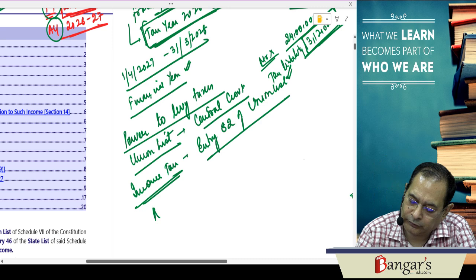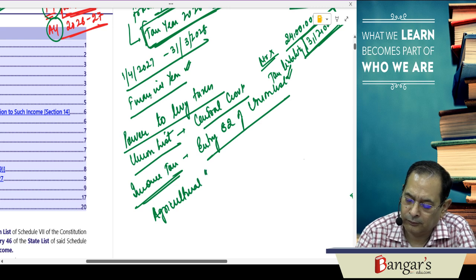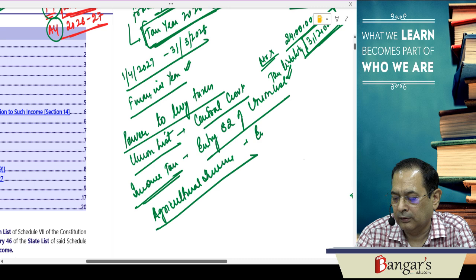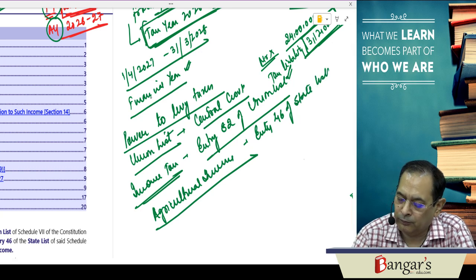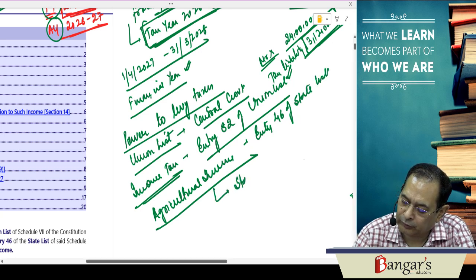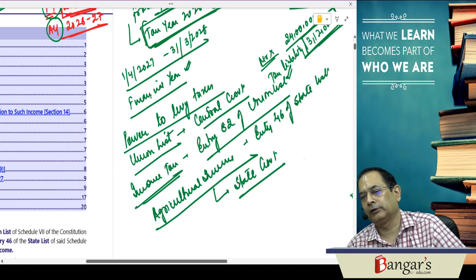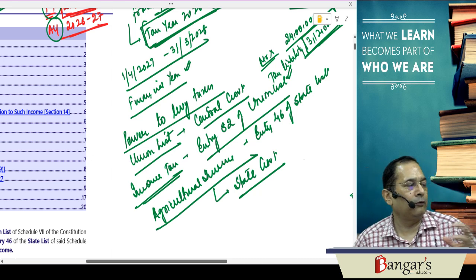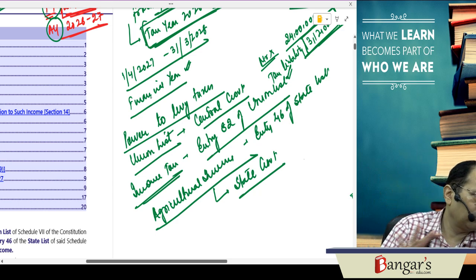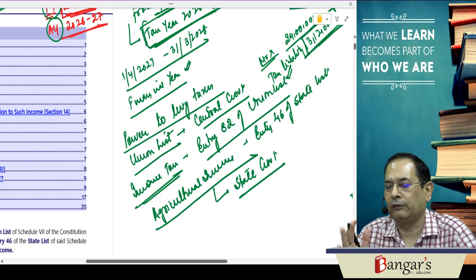If agricultural income is there, the same is covered under entry 46 of the state list. Power vests with the state government to levy tax on agricultural income. So basically this is a brief overview which we have discussed relating to our starting framework.